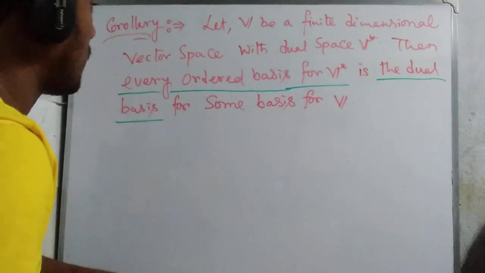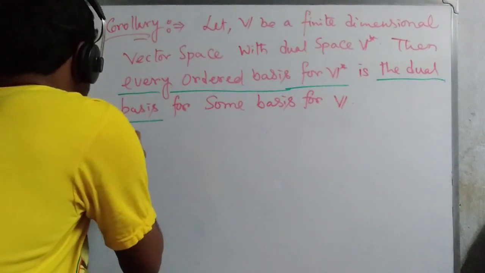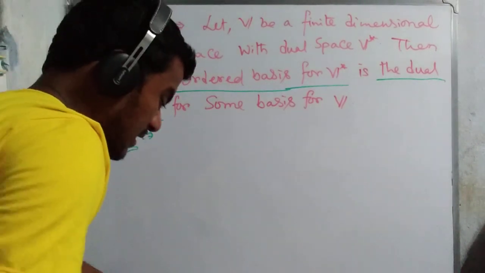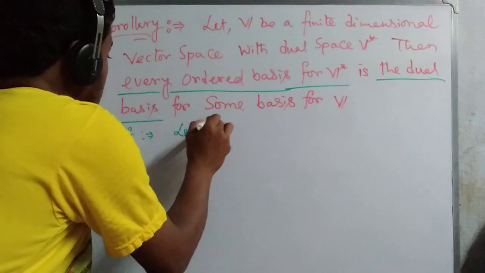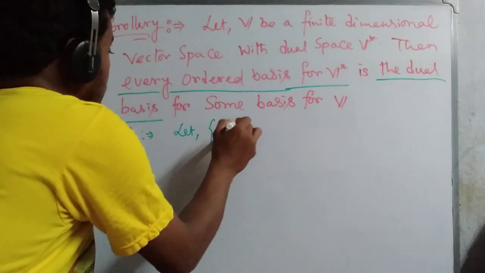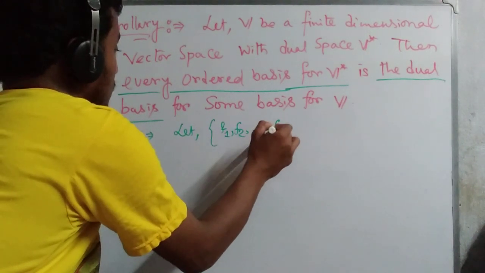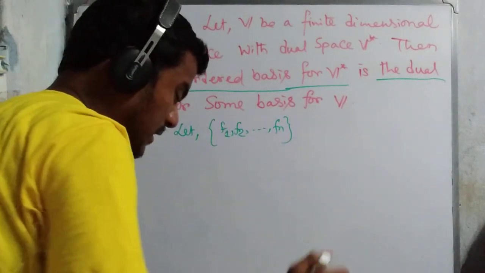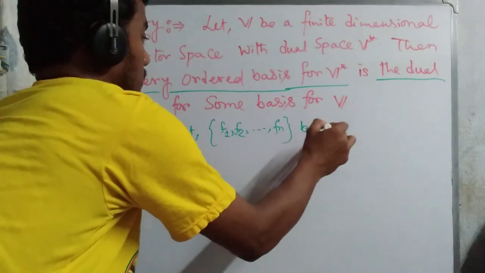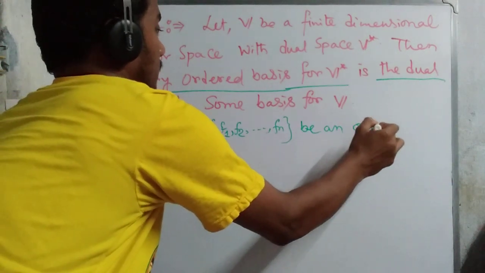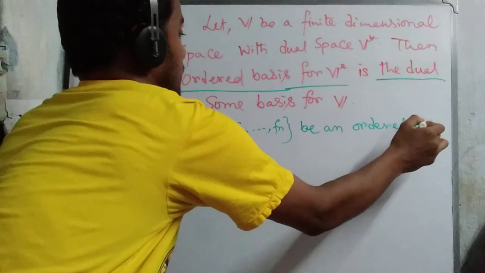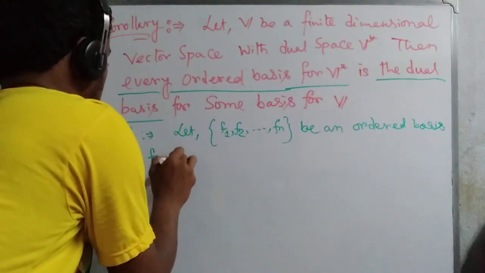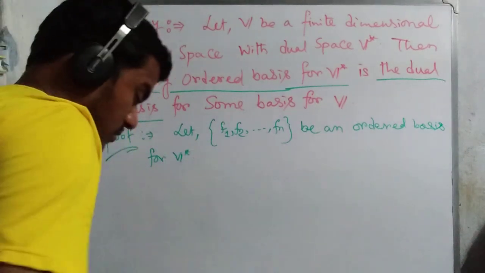Now we write the proof of that. Let f1, f2, ..., fn be an ordered basis for V star.